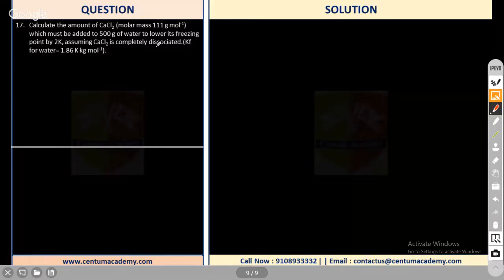When complete dissociation is there, the i value should be 1. However, it is an electrolyte, but since they have told you to assume CaCl2 completely dissociates, it should be 1.